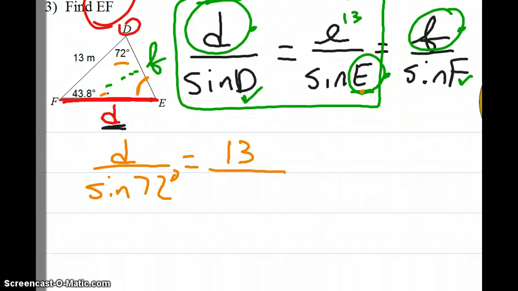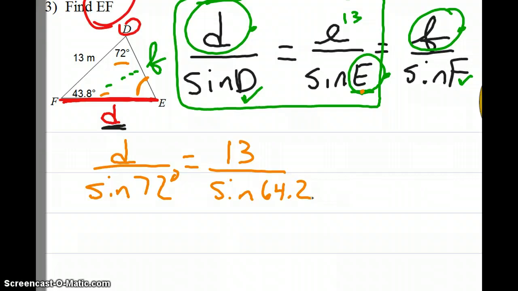So if I add the 72 and the 43.8, I'll get 115.8. And then if I subtract that from 180, I really know that E is equal to 64.2. So this is a little tricky. You've got to find that angle sometimes.